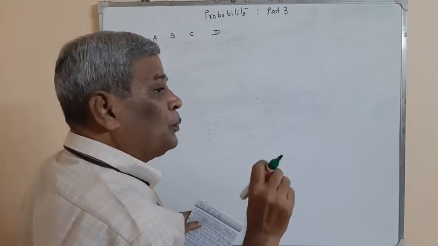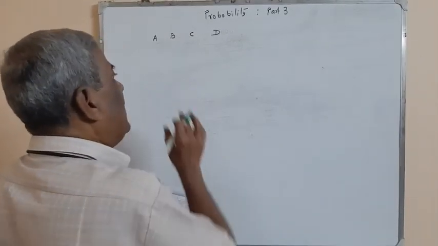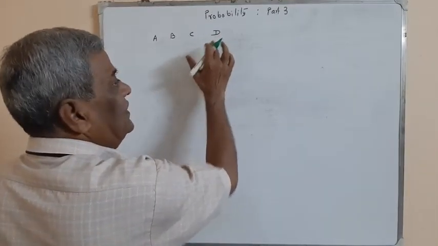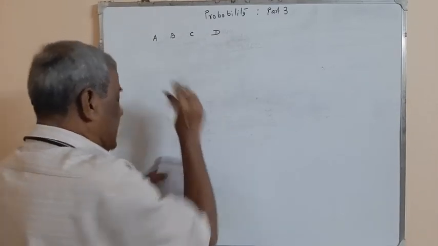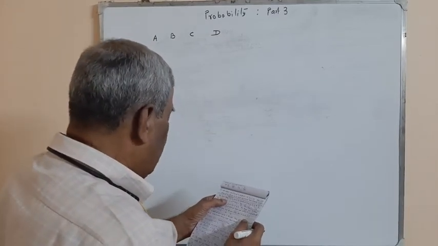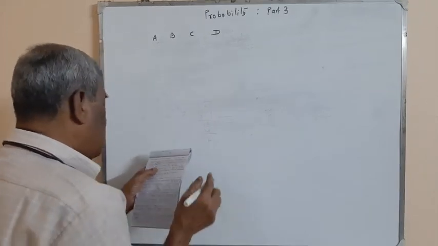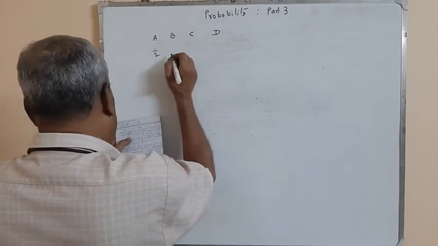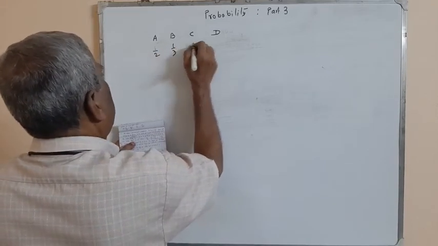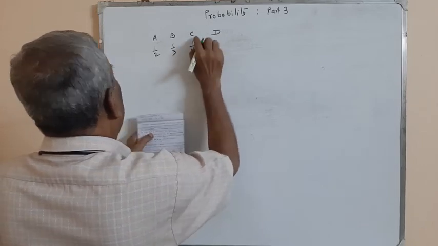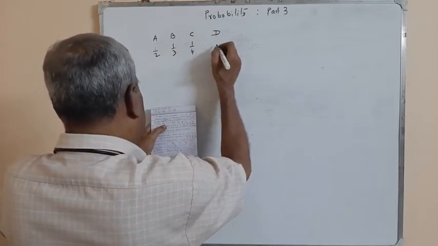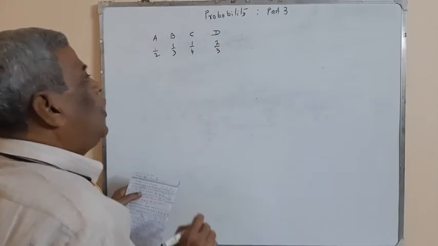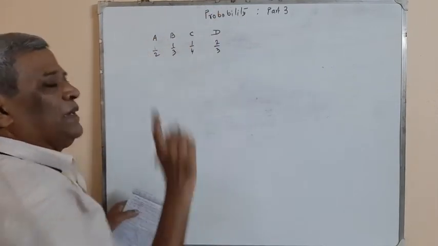So in order to pass the examination, one must pass at least any 2 of them and D. Moreover, the probability that a student can pass the papers is half for A, 1 by 3 for B, 1 by 4 for C, and 2 by 3 for D. So these are the respective probabilities of passing these 4 papers.